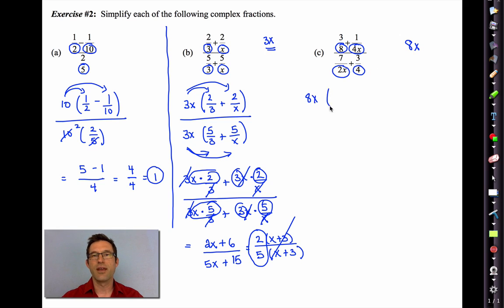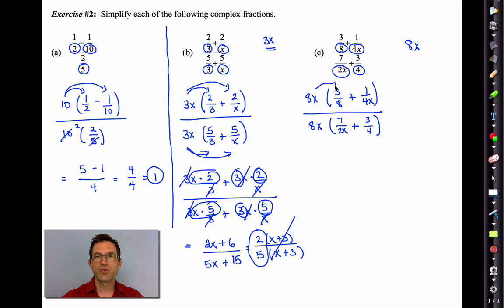So I'm going to take an 8x and I'm going to multiply it by the numerator. And then I'm going to take an 8x and multiply it by the denominator. All right, now I'm going to distribute and I'm going to see what I can do. In this first case, 8 and 8 cancel, and they'll leave me with 3x.